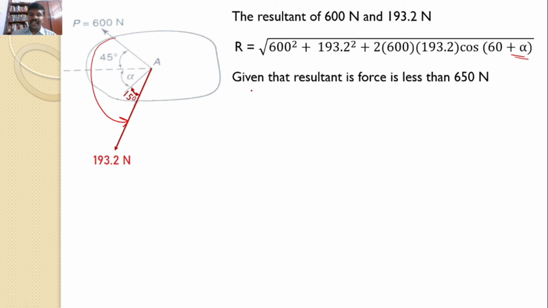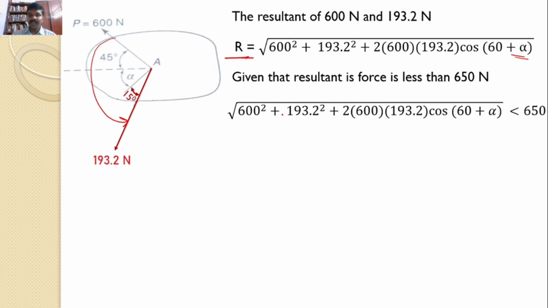So I can simplify that. Given that the resultant of the force must be less than 650, this R value must be less than 650. That means square root of 600 square plus 193.2 square plus 2 into 600 into 193.2 into cos(60 + alpha) must be less than 650.